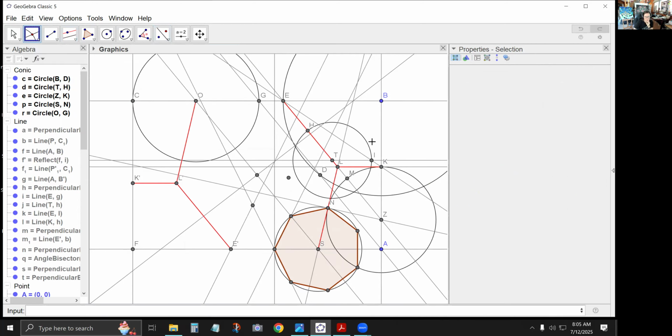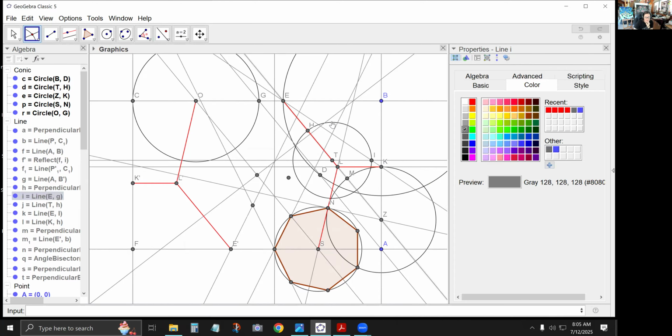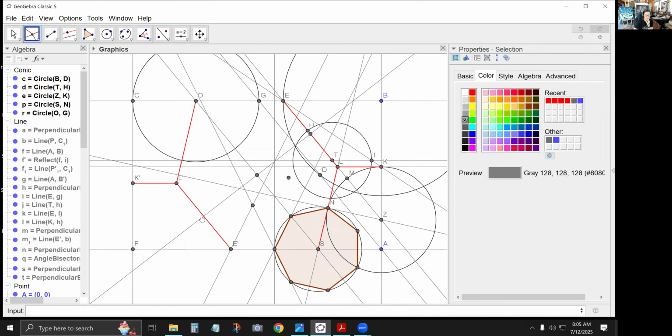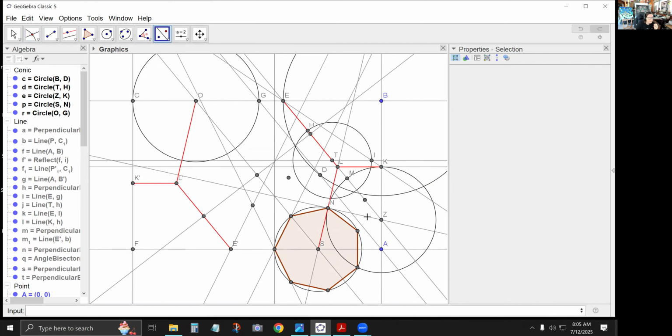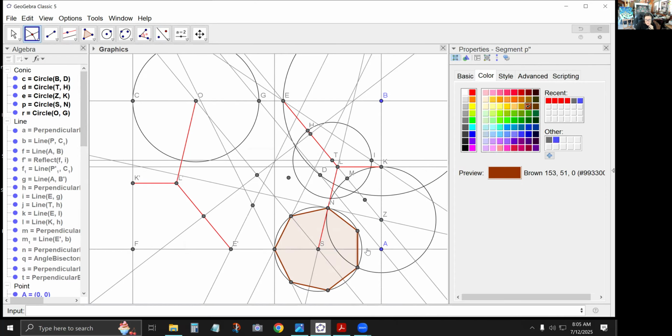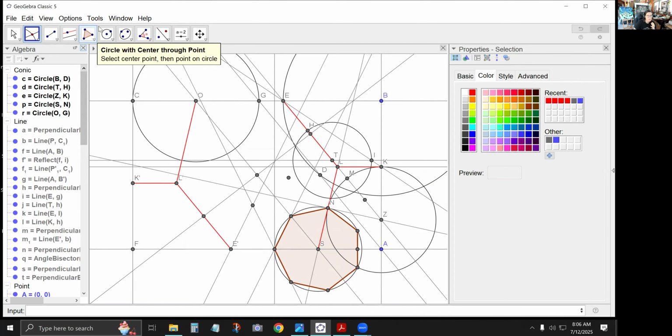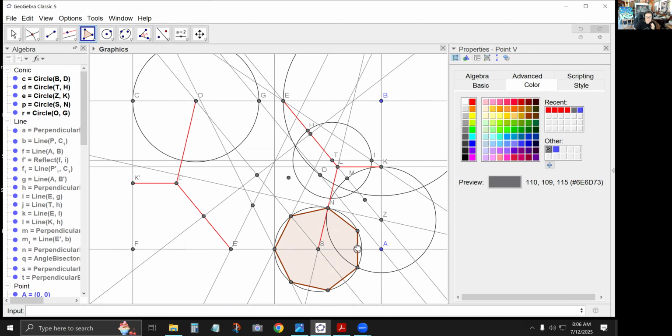Then I want a couple of intersection points. So I want this intersection point and this intersection point. And then I want to reflect this point over here, and I want this intersection so that I can complete this polygon.